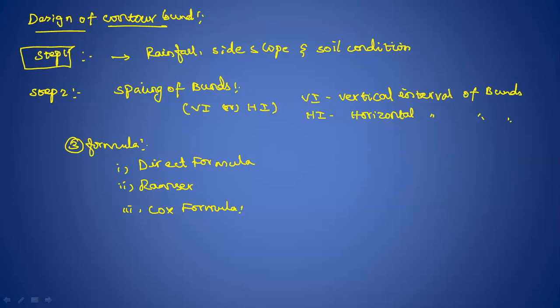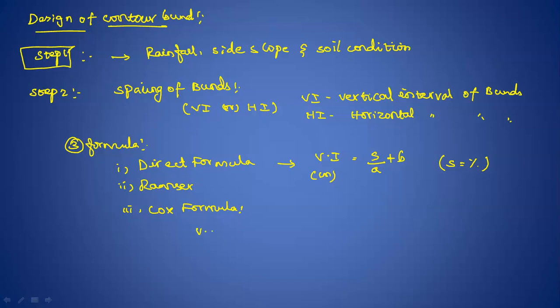In this direct formula, we can use VI is equal to S divided by A plus B, where VI is in centimeter and slope S is in percent. Okay, then it is a most important formula. Sometimes, if the rainfall factor and the infiltration and cover crop factor are not given, we can use the Cox formula.